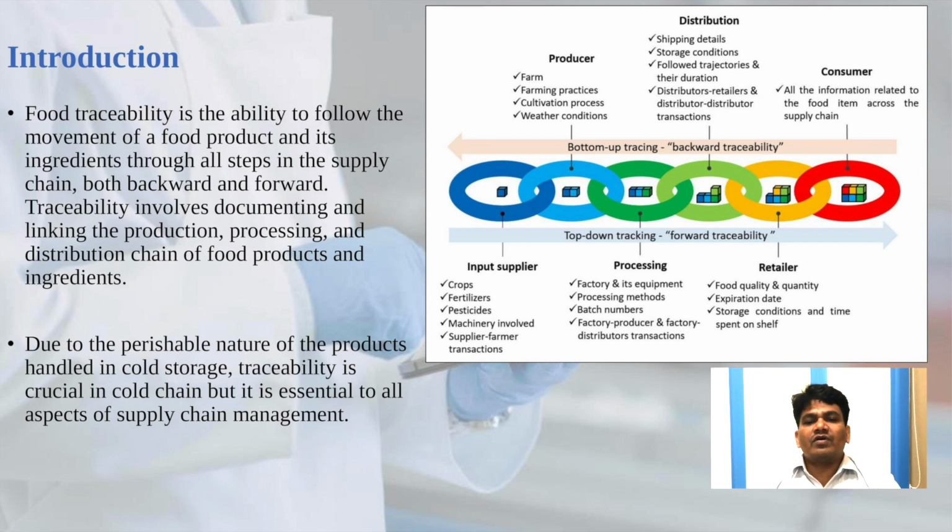The moment we go to the information and inputs related to the producer, it may be the farm, the farm practices, cultivation practices and weather conditions, because all these parameters affect the production as well as the quality of the agricultural produce.